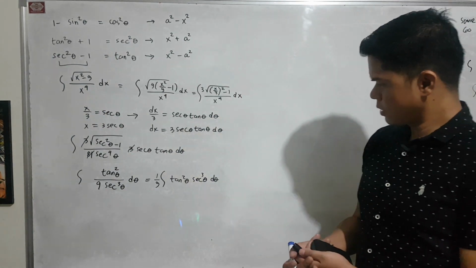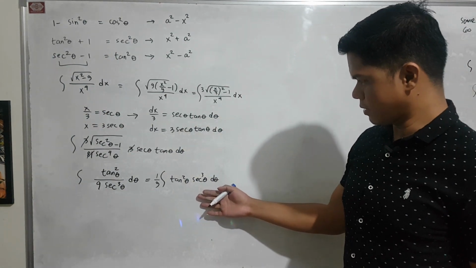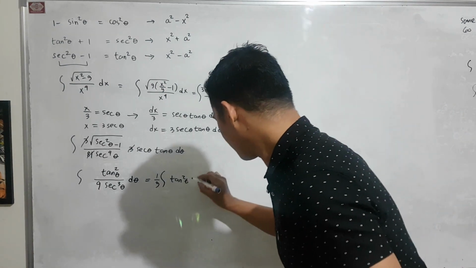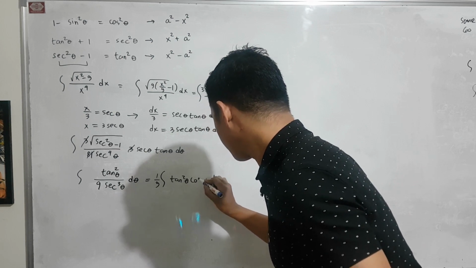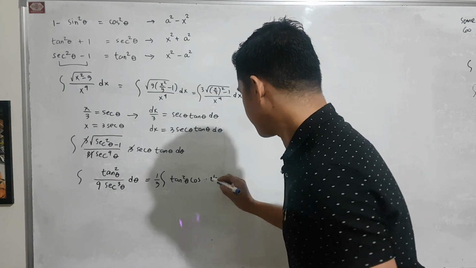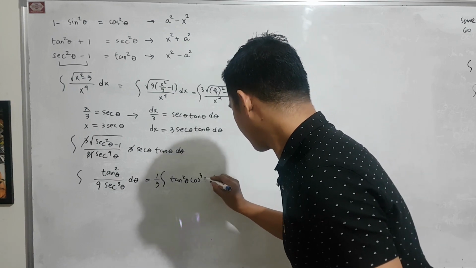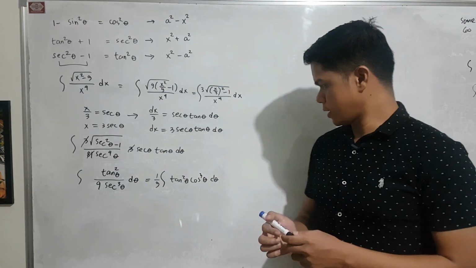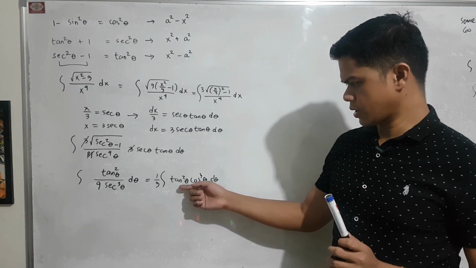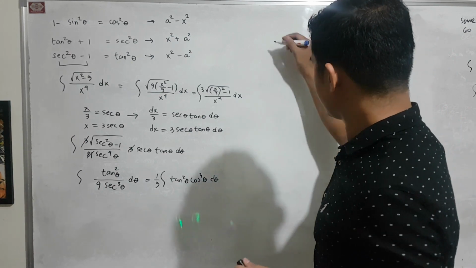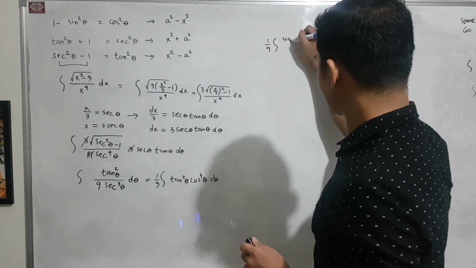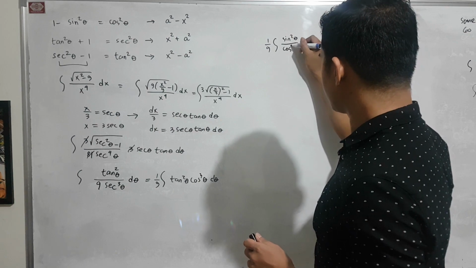Oops, sorry, this is cosine. So we can convert tangent theta into sine over cosine. Tangent squared is equivalent to sine squared over cosine squared.